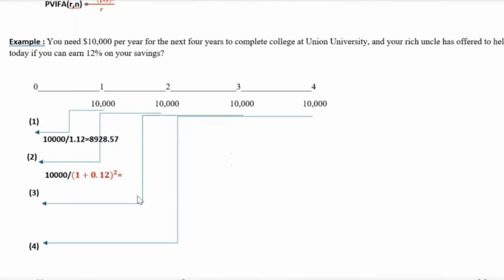So the present value of the second $10,000 is about 7971.94. You may get a slightly different number. It's okay. It's because of a rounding error.